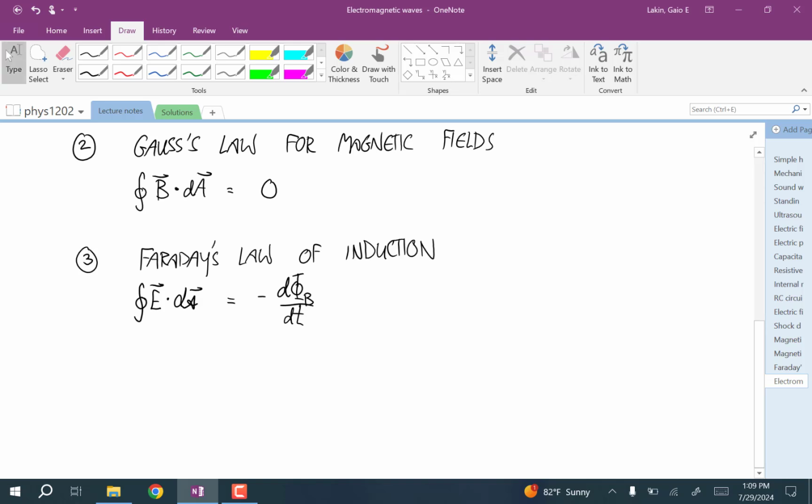And this relates to how a changing magnetic flux induces a current.